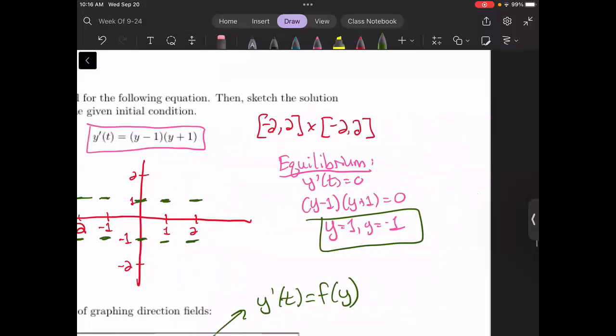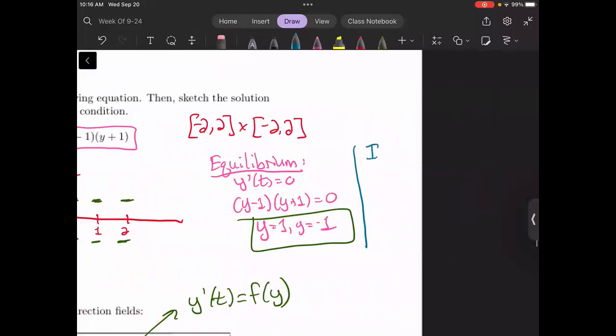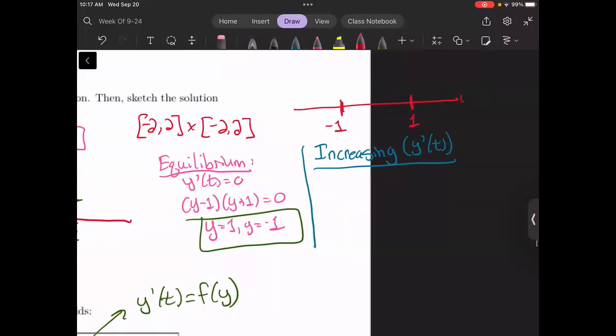Next, we want to figure out where the y values are increasing in derivatives, y prime of t. So in this case, it's kind of like using the first derivative test in Calc 1. So we label the values that are at equilibrium, so y prime of t.